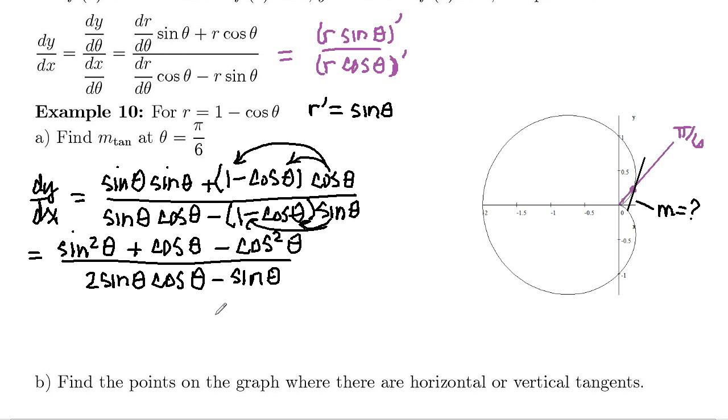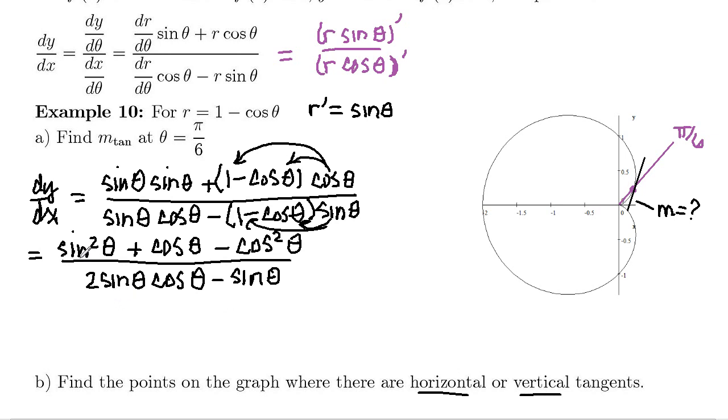Now we don't need to simplify this more. We actually can plug in our theta and we'll be good to go here. However, notice in the next part we want to find the points on the graph where the tangent's horizontal or vertical. That means we're going to have to be able to factor the numerator and denominator, so we want to do a little bit more work there.